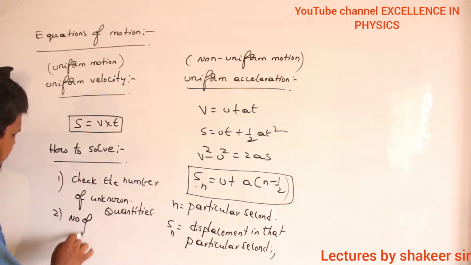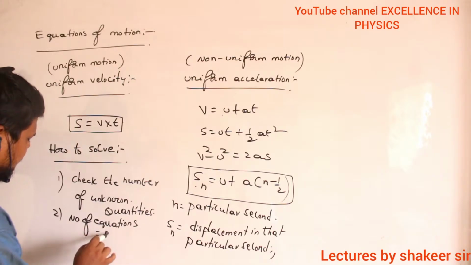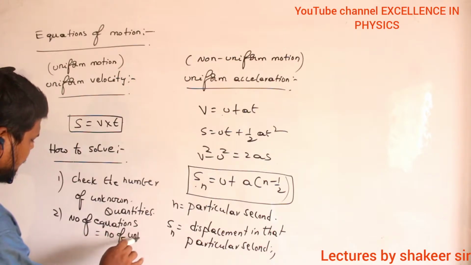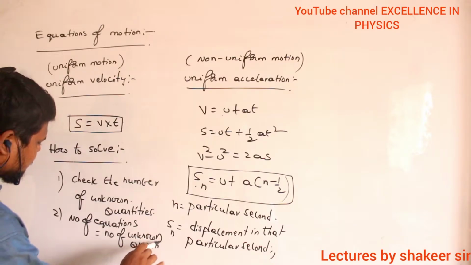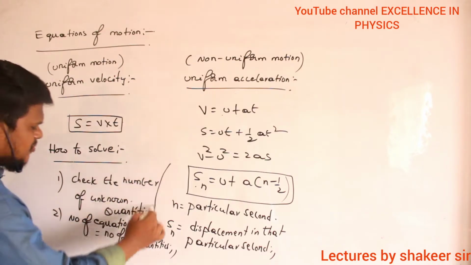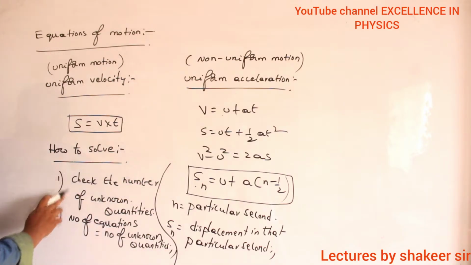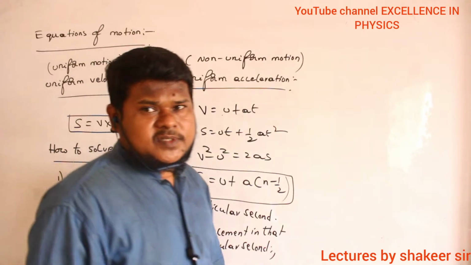The number of equations should be equal to the number of unknown quantities. So these are the two conditions you should always check when solving problems of kinematics.